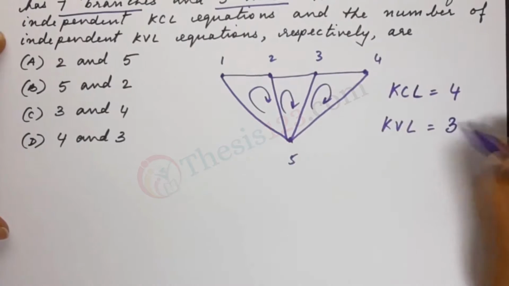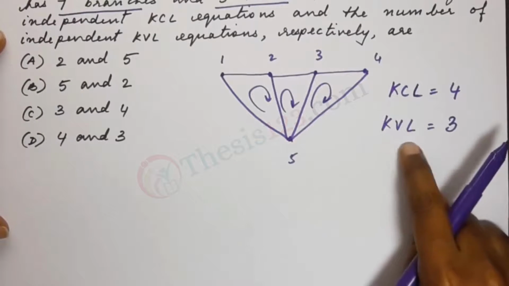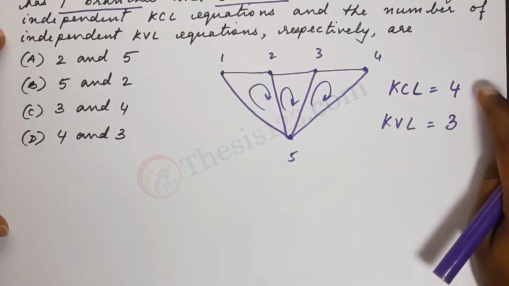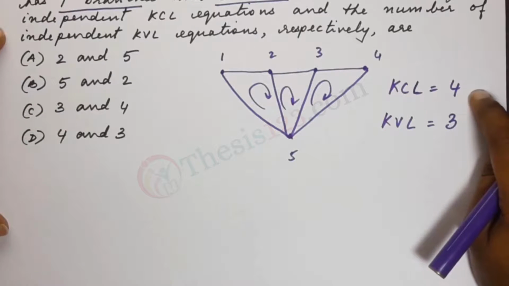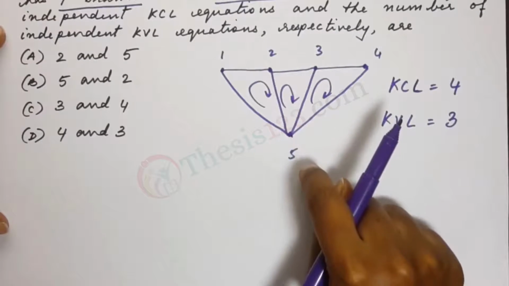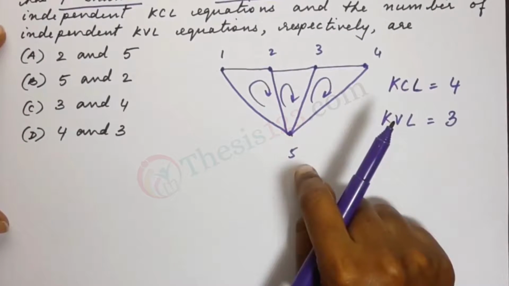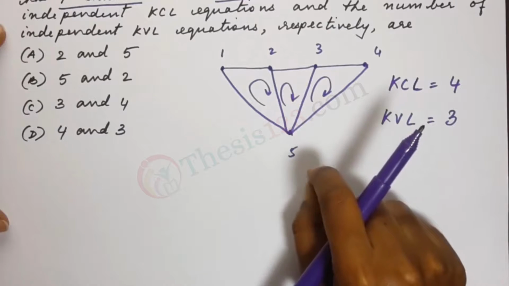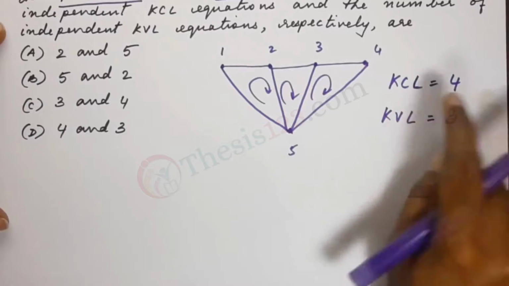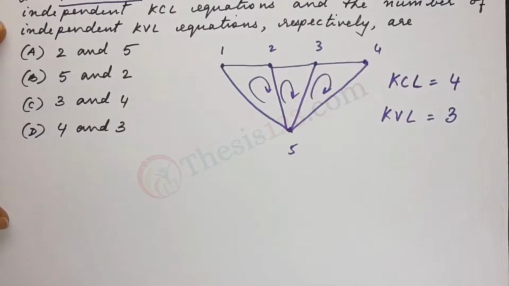So the number of loops will give us the number of voltage equations. And the number of nodes would give us the number of current equations. The total number of nodes is 5, but if we assume 1 as a ground node or a reference node, then the rest would correspond to the number of current equations. So I hope that makes sense.